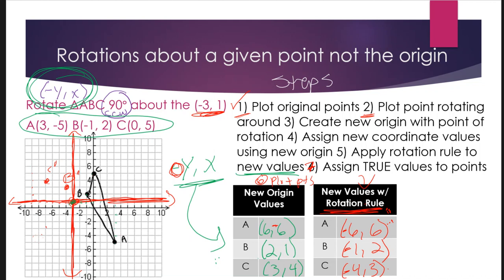So when I switched them, at that point it would have been positive 6, 6. So it would be 1, 2, 3, 4, 5, 6, 1, 2. Oops, it's a little sloppy, but that's what it should look like. Sorry about that.